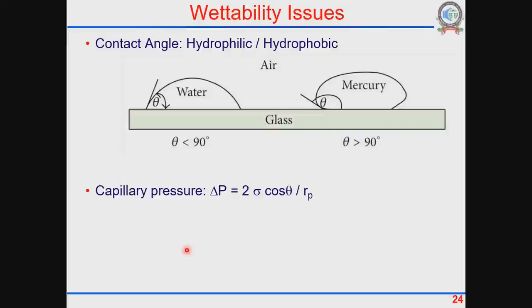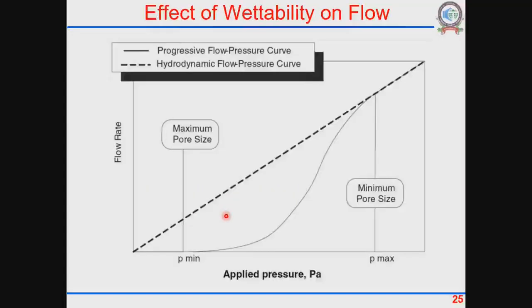That's because the capillary pressure is not permitting the water to go inside. So there is a minimum pressure at which flow rate will just start. That's called the minimum pressure. Now if you go on increasing the pressure, you will find that the flow rate will increase in this manner. Whereas if the membrane was completely hydrophilic and you are passing water, you will just have water flow increasing linearly with pressure.